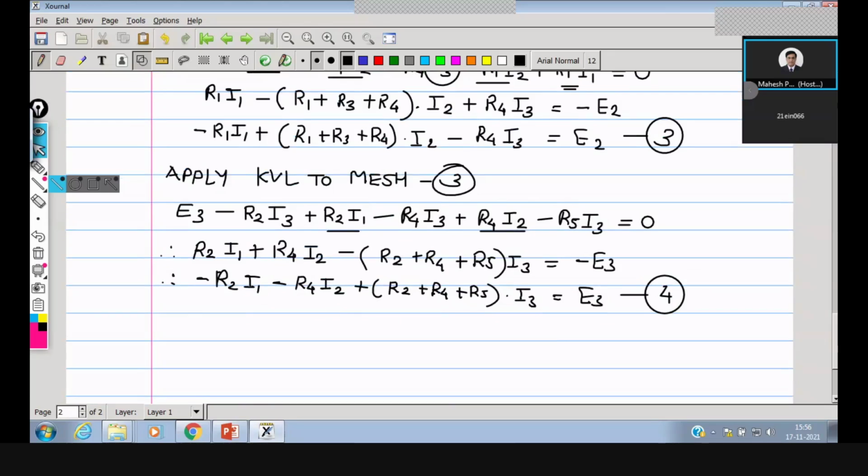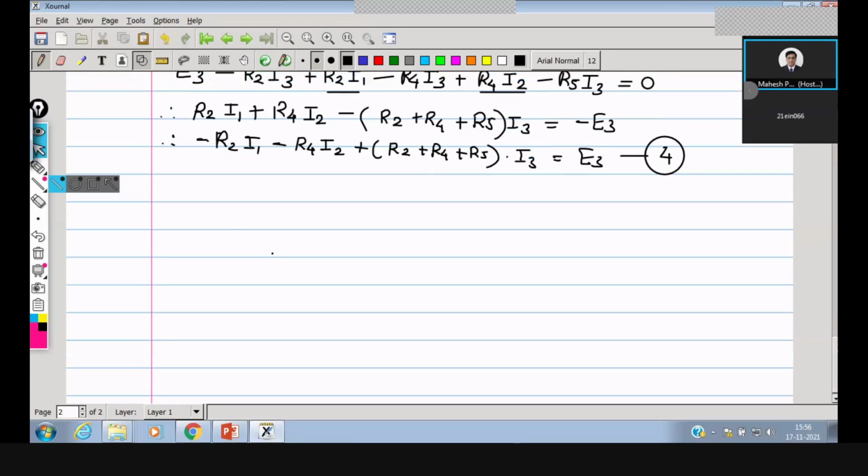Normally, you can solve these 3 equations by solving 2 equations, then inserting the values obtained from equations 1 and 2 into equation 3, and you will get all the unknowns I1, I2 and I3. Another way is that you can write it in matrix form also.